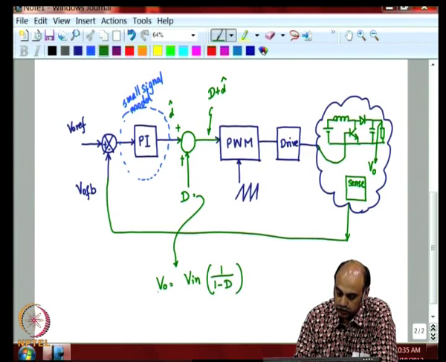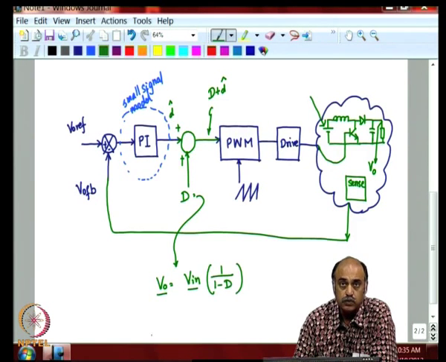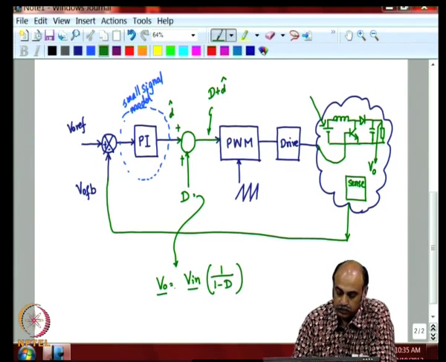So, therefore, this is known, this is measured, which is this point, this is also measured, or the reference is known.